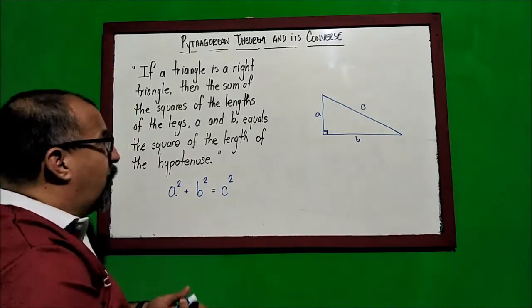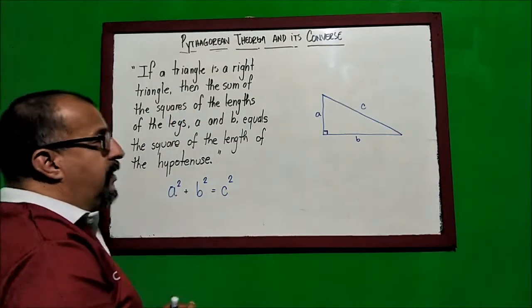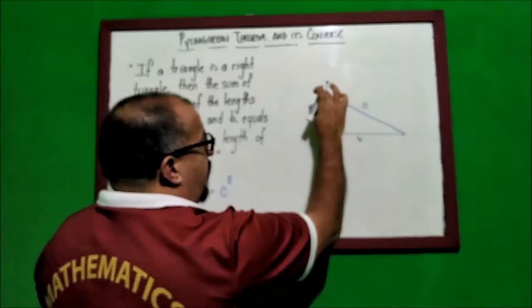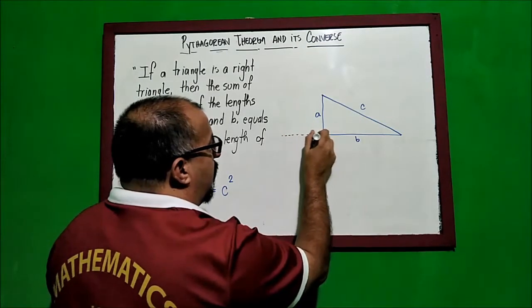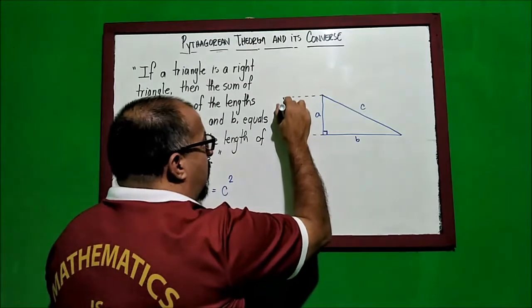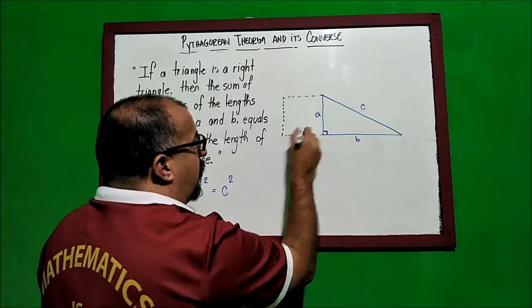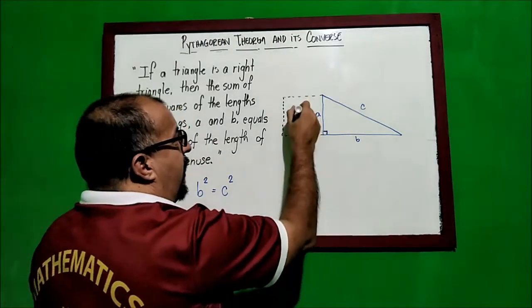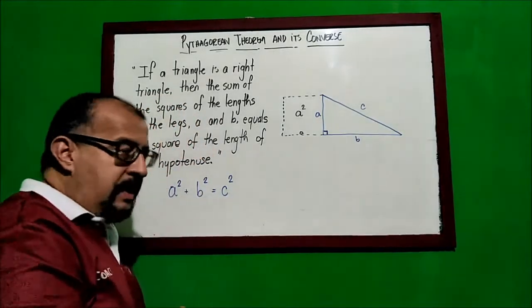What are they talking about when they refer to the process of the squares of the lengths? Let's imagine that with this side of A, we create a square, okay? Whose side also is A, and then by area, we have A squared.